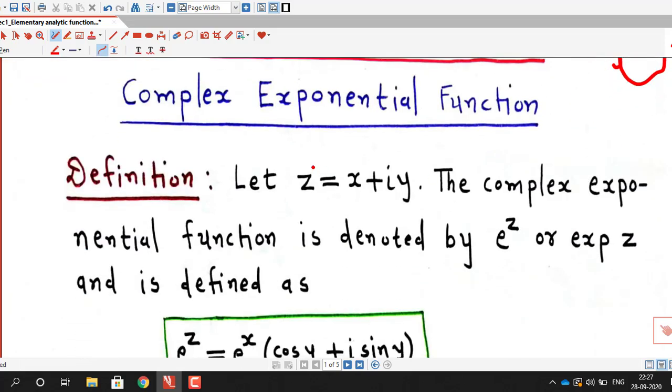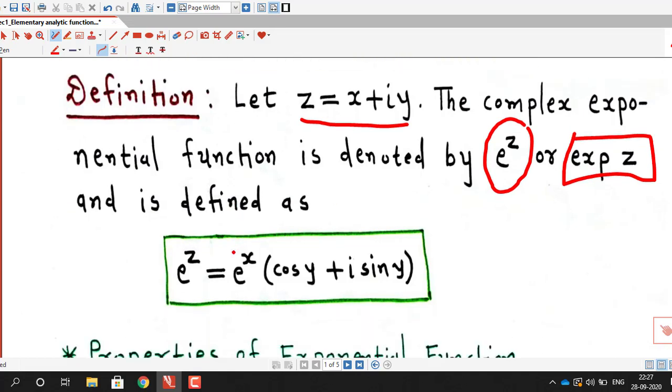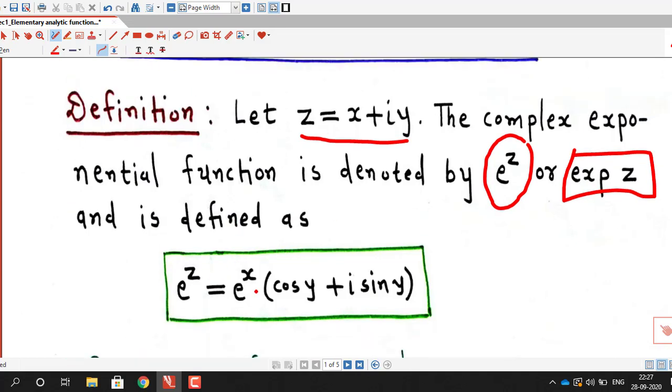So we start with the definition of the complex exponential function. Let z be any complex number, say x plus iy. Then the complex exponential function is denoted by e to the power z or exp of z, and is defined as e to the power z equal to e raised to x into (cos y plus i sin y).